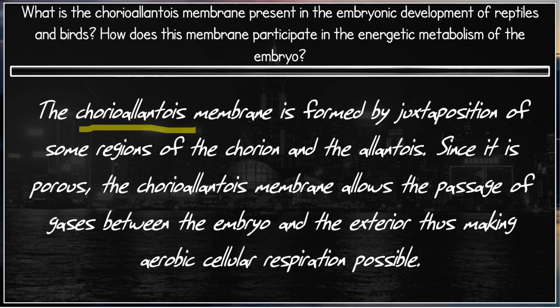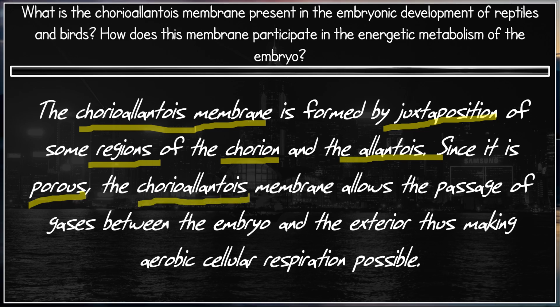The chorioallantois membrane is formed by juxtaposition of some region of the chorion and the allantois. Since it is porous, the chorioallantois membrane allows the passage of gases between the embryo and the exterior, thus making aerobic cellular respiration possible.